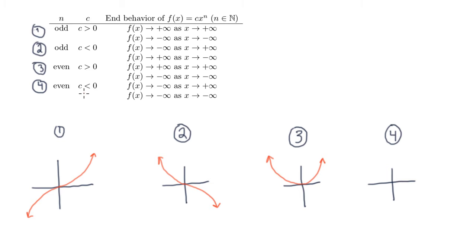And then if we take c to be negative, the graph gets reflected over the x-axis. So we have a sad face, like this, because our coefficient c is negative. Okay, and again, as x goes to minus infinity, f is going to minus infinity, and as x goes to plus infinity, f is also going to minus infinity. So this is the end behavior of these power functions, and that's going to play an important role later on in the course.